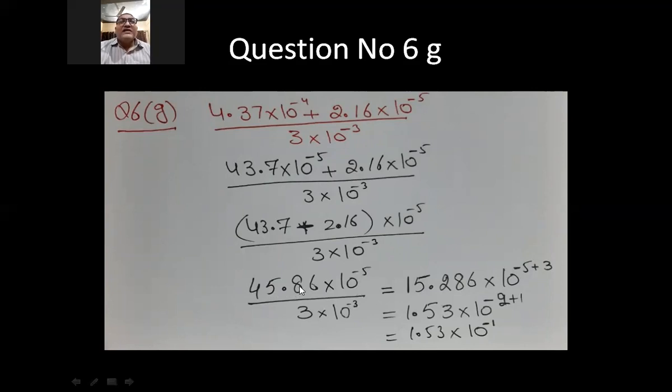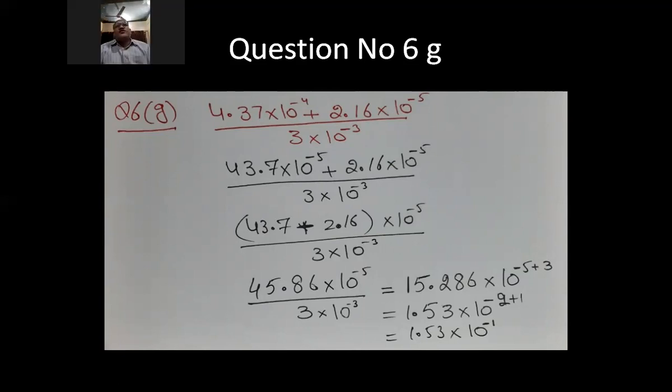When you divide 45.86 by 3, you get 15.286 x 10 power minus 5, and this will become plus 3. So you will have 1.53 x 10 power minus 1. This is how you will do question number 6, G part. And I have done it manually. I have not used the calculator.